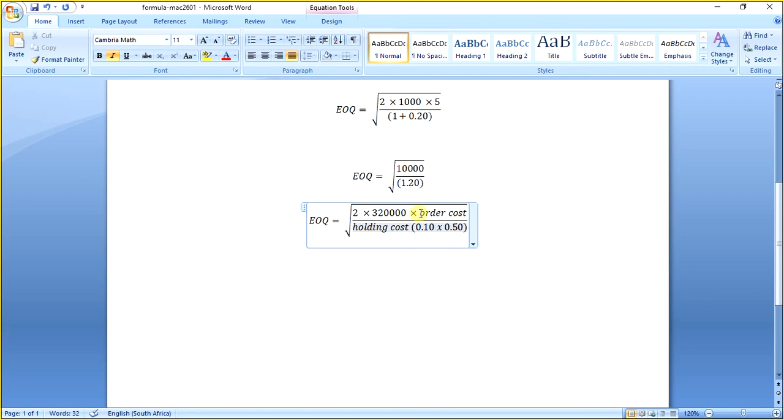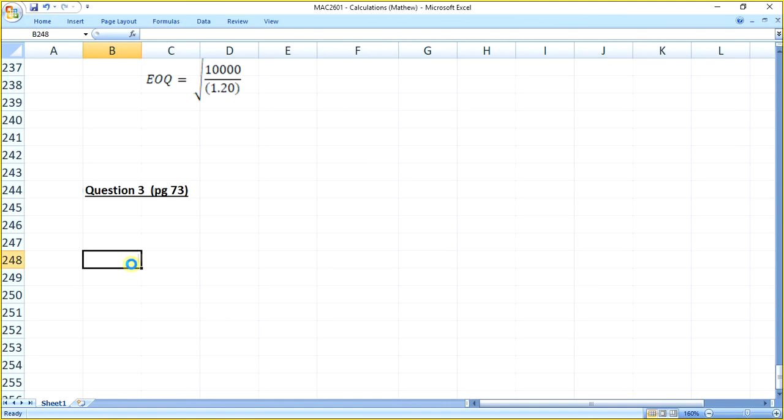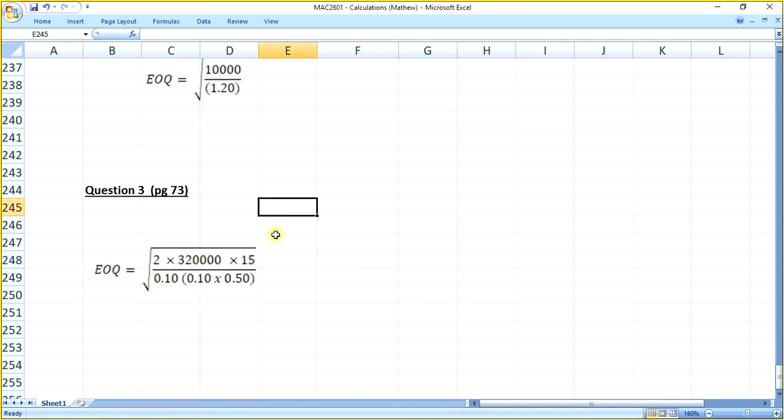So the holding cost would be 0.1. You've read all of it. See, there we go. Copy, paste. There's the working for it.